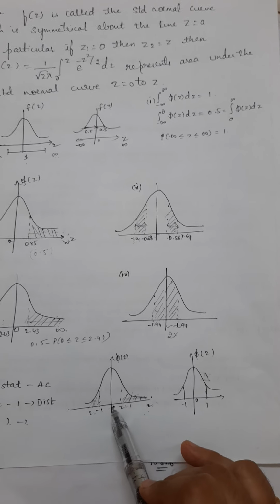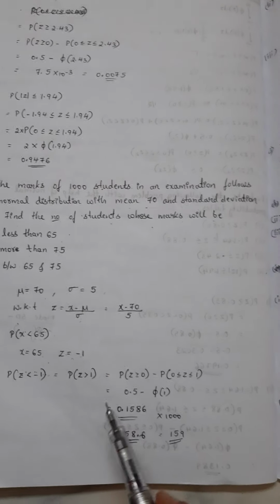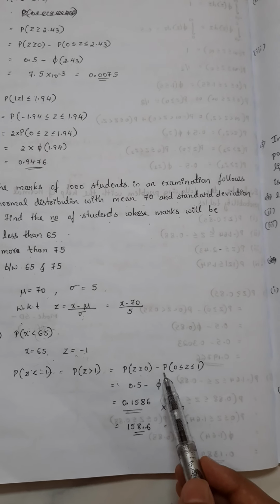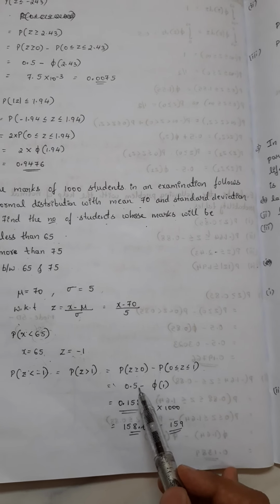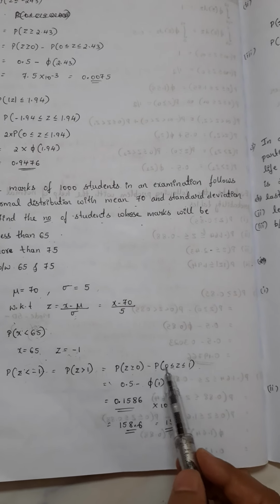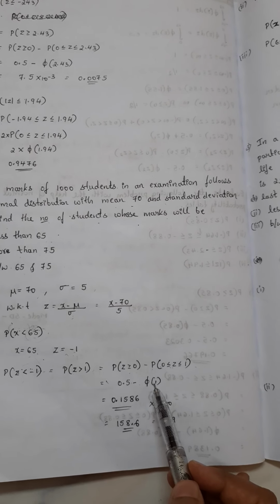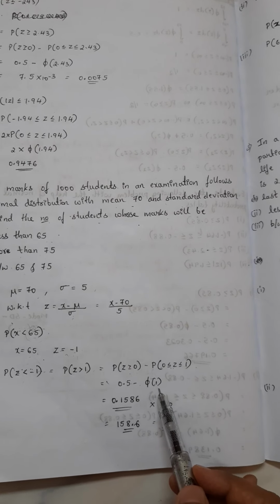Then I'll subtract the area from 0 to 1. So it is given by probability of z greater than or equal to 0 minus probability of z lies between 0 to 1. This is 0.5 minus phi of 1, and this phi of 1 will be calculated using the normal distribution table.